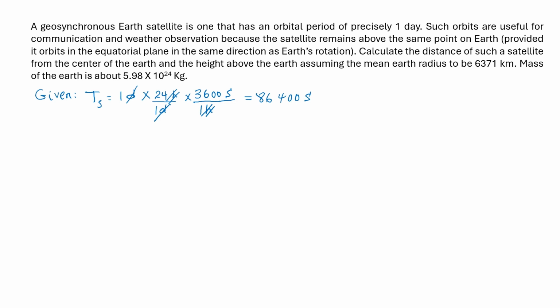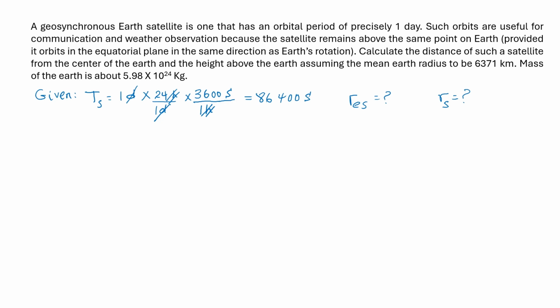So we are asked to find the distance from the center of the Earth to the satellite, as well as the distance from the surface of the Earth to the satellite. Let's just call it surface. Alright, now what relationship do we have?